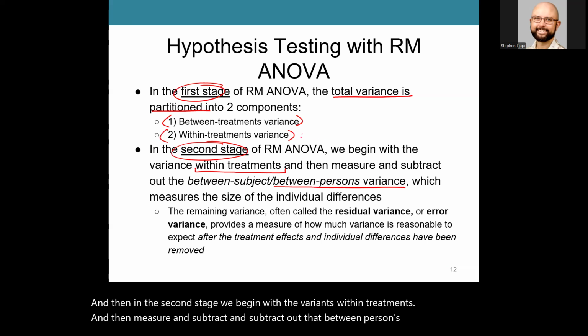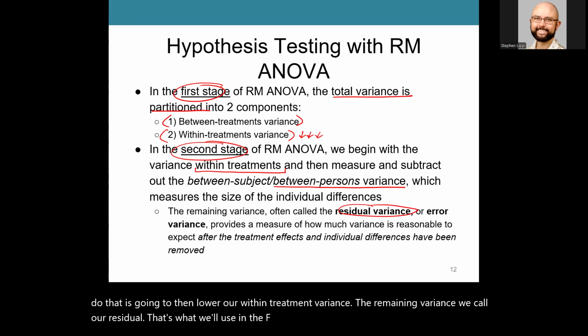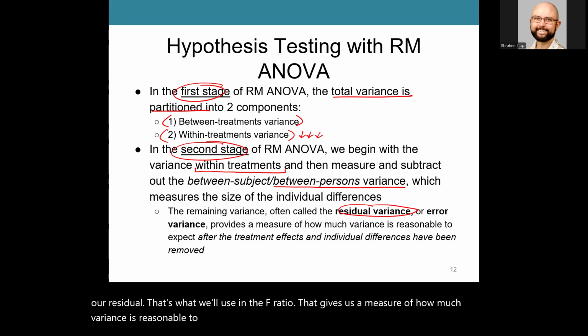When we do that, that is going to then lower our within treatment variance. The remaining variance we call our residual.